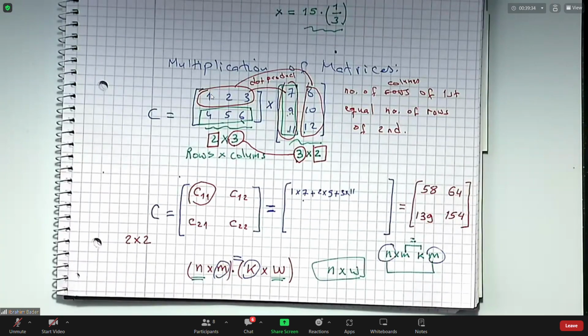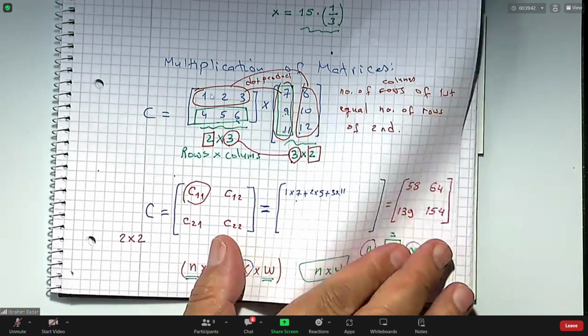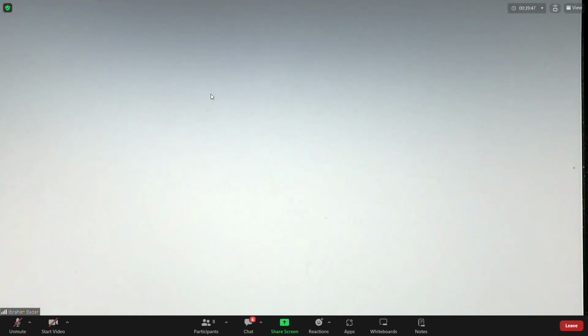Now, why is it defined this way? To demonstrate that, I think the best thing to do is using a real life example.